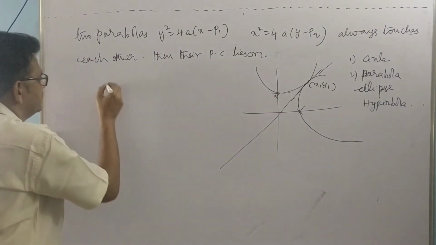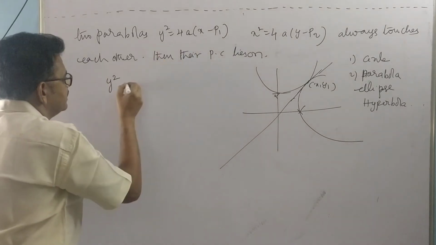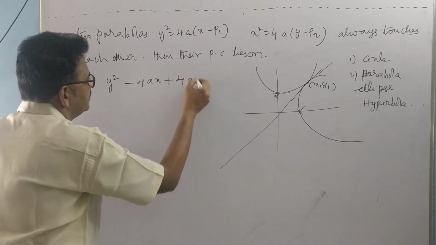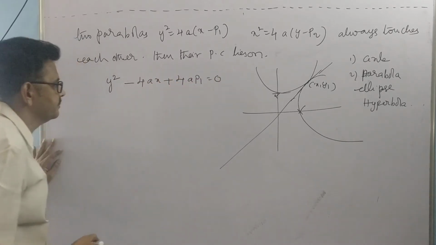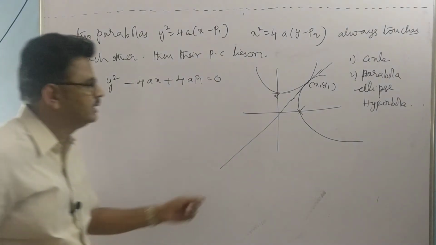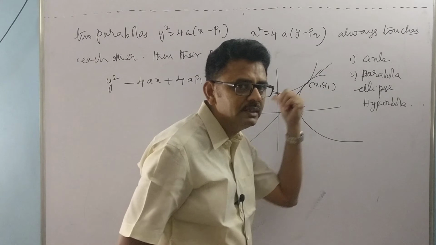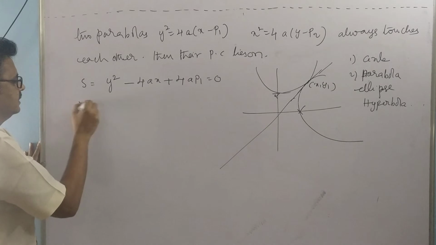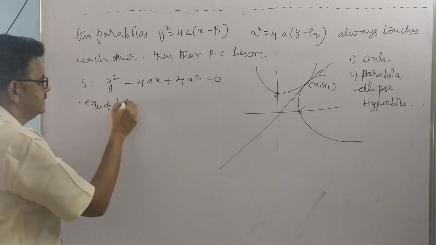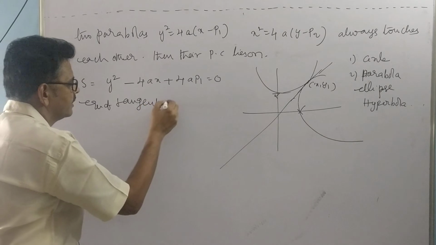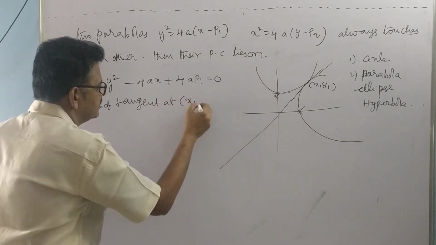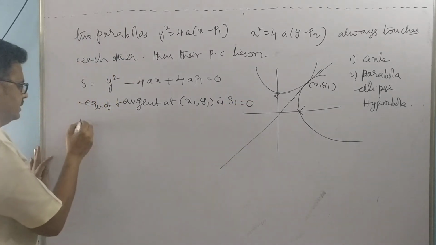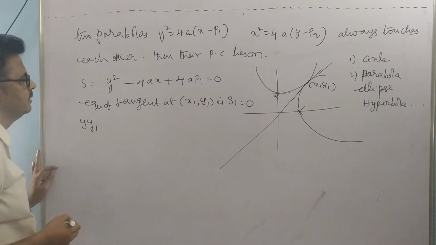Now for the first parabola, S: y² - 4ax + 4ap1 = 0. At the point (x1, y1), the equation of tangent is S1 = 0.